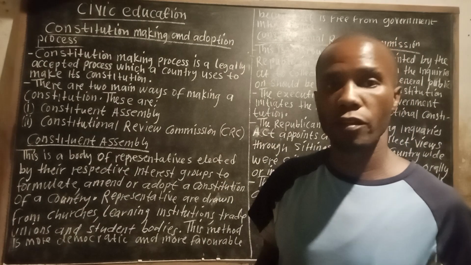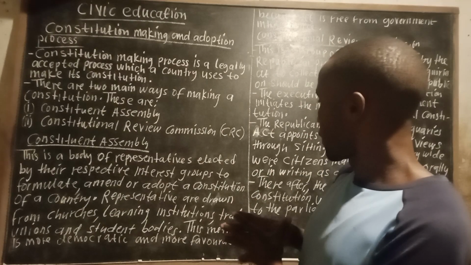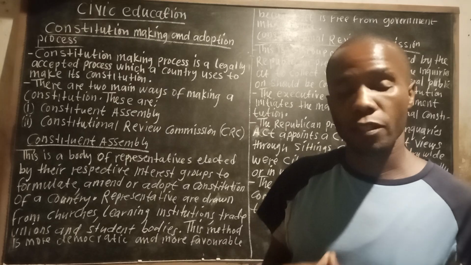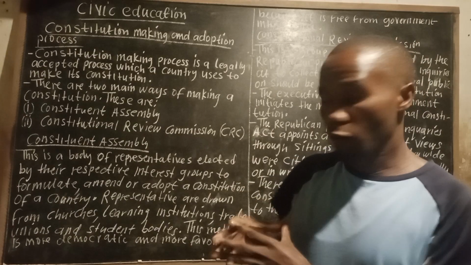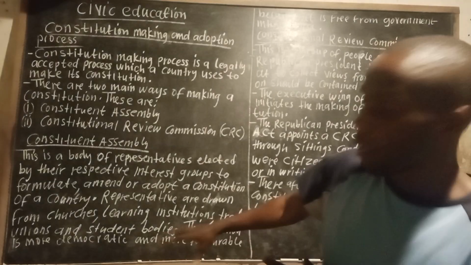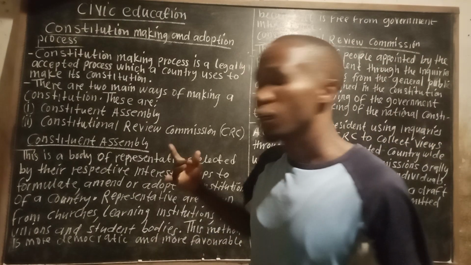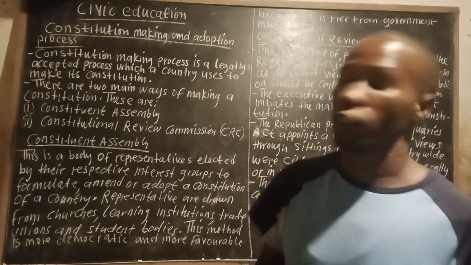It does not depend on the ruling government, but the representatives are elected by those institutions listed here: churches, learning institutions, trade unions, and student bodies.